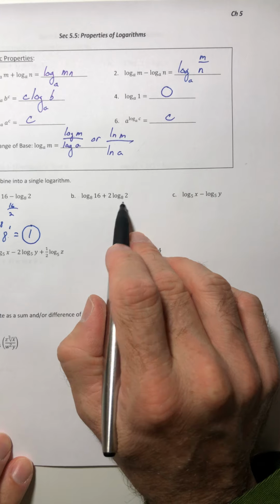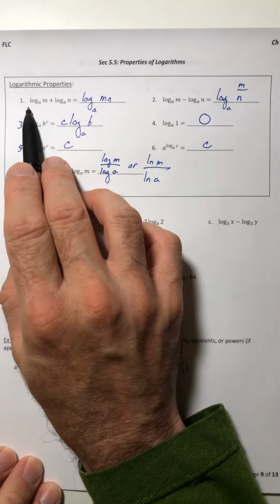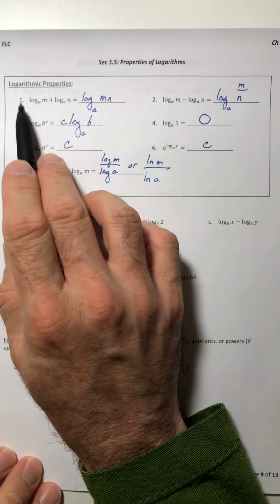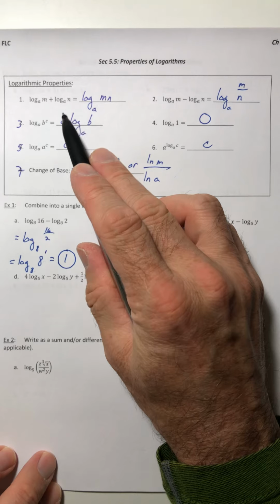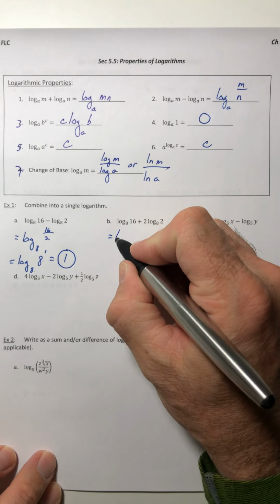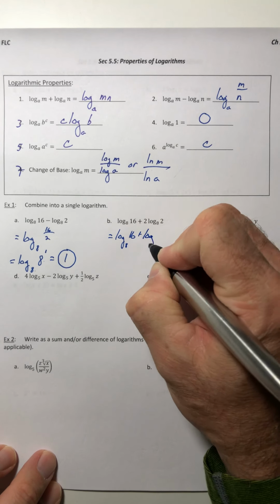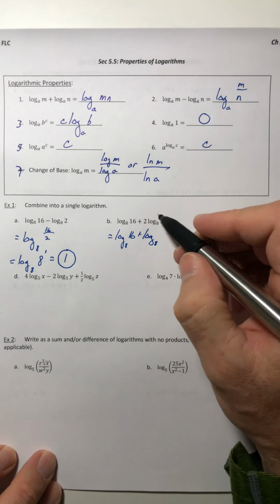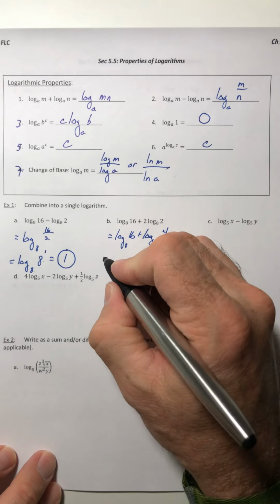Okay, this one, we can't multiply them together yet because you have a coefficient. The property doesn't have coefficients in front of the log. So if there is one, you got to use property number 3. You got to pull that exponent up before you can start multiplying them together. So if you pull that up, that'd be 2 squared or 4.